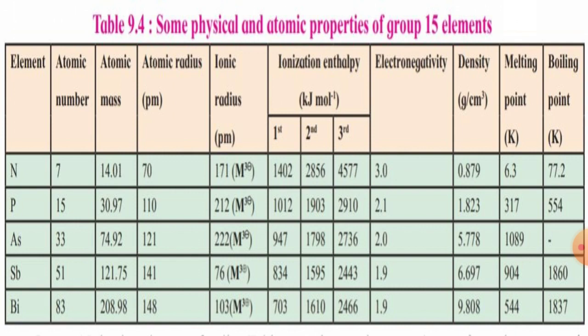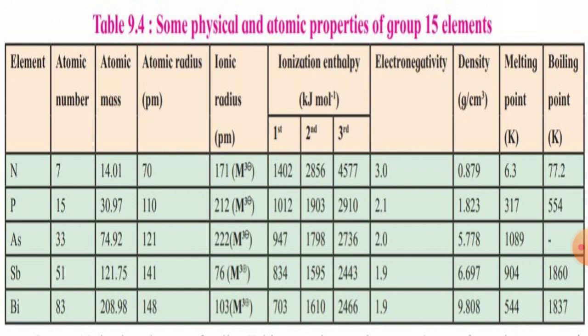While ionic radii also increase down the group from nitrogen to arsenic. You see the table for ionic radii: 171 for nitrogen, 212 for phosphorus, 222 for arsenic. So it increases down the group. Then for antimony it decreases, and for bismuth it further increases.